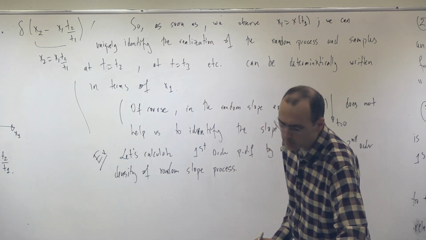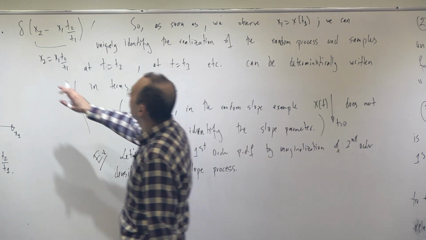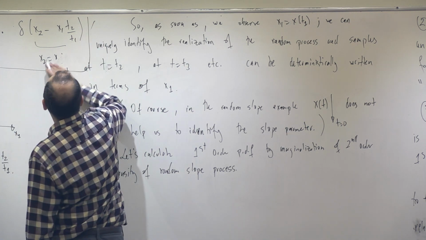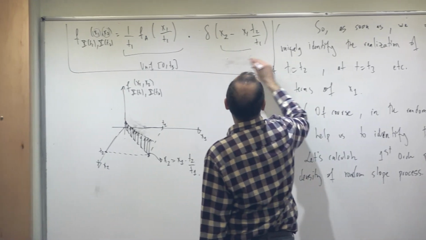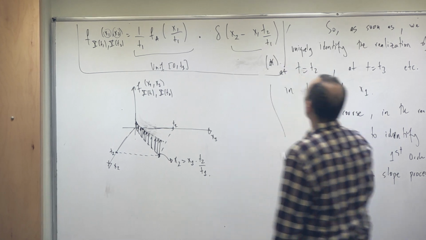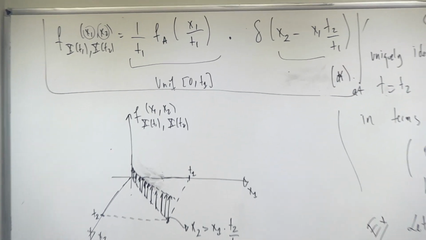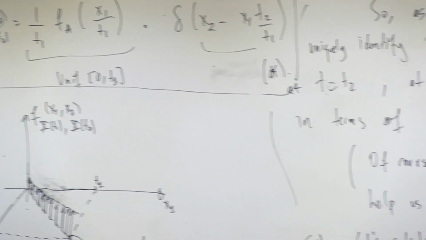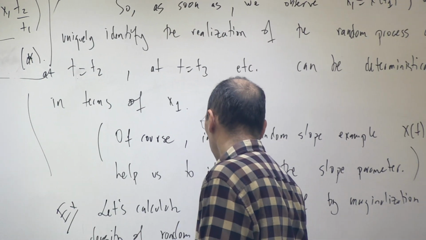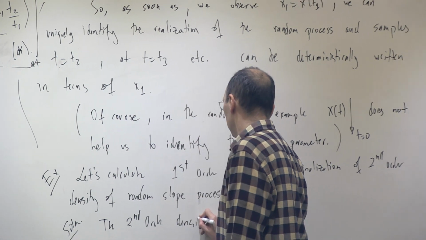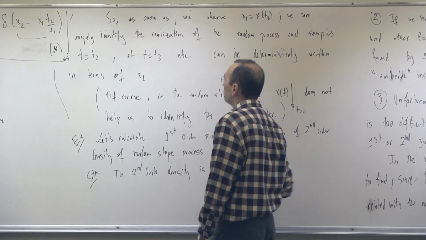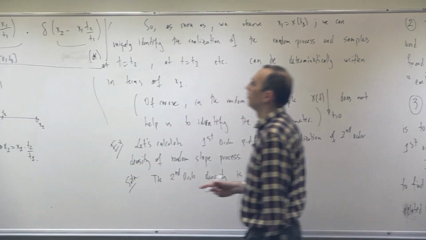Okay, this is just an exercise. So this is the density. Let me erase this. Let me put a star over here. So let me say solution just to be clear. So the second order density is at this equation star.